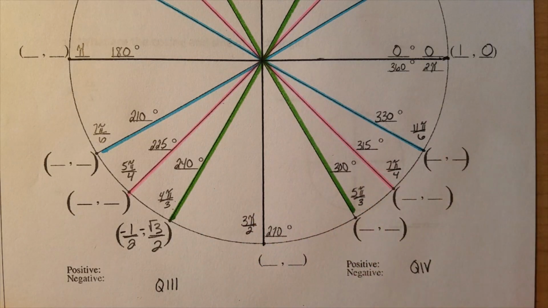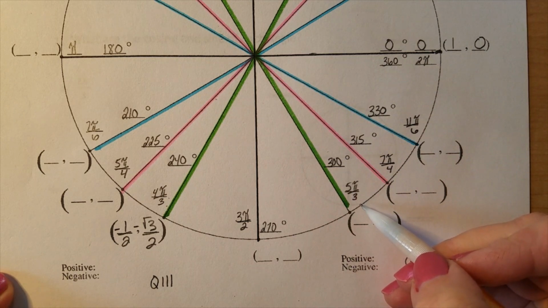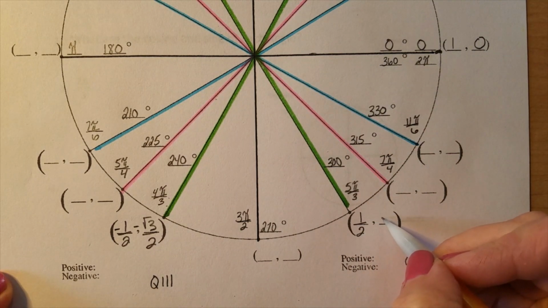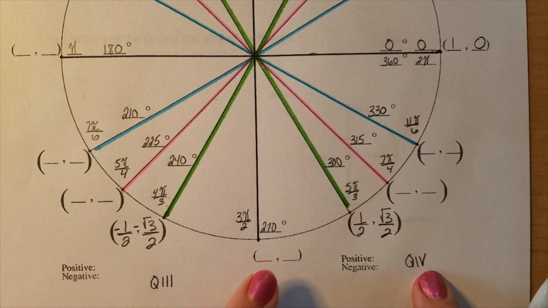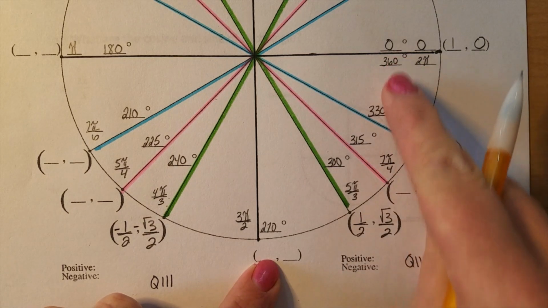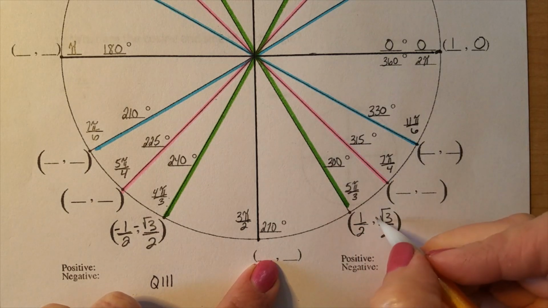Now likewise, I'm not even going to bother flipping that triangle over again. Take a look over here. We're still going to have 1/2 and square root 3 over 2. But now in quadrant 4, my x values are positive, but my y values are still under the x-axis, so they are negative.